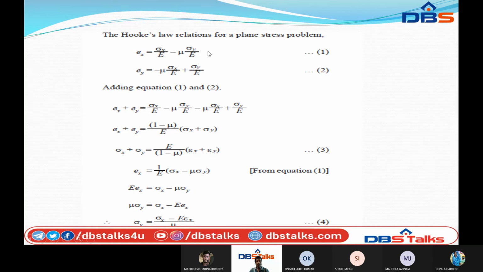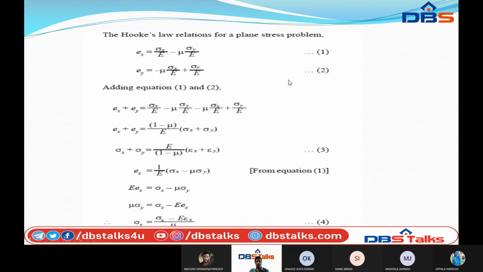Because of that statement, I am taking only minus mu sigma y by E, with sigma z by E as negligible. Ey equals minus mu into sigma x by E plus sigma y by E. Here also I am not taking the value of minus mu into sigma z by E.